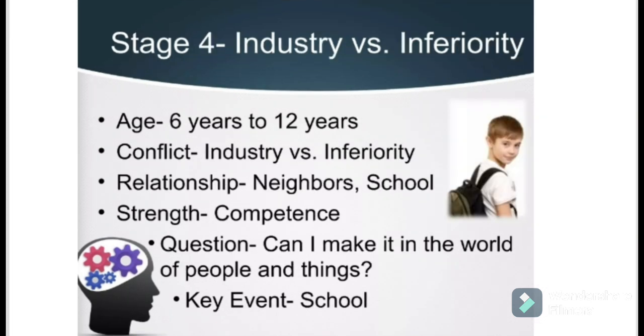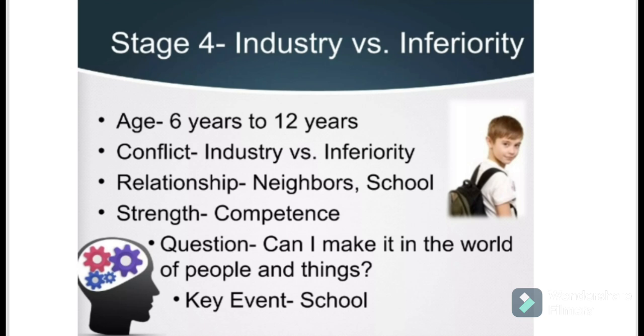The fourth stage is industry versus inferiority, and the age group is from 6 years to 12 years. In this, a child builds relationships with neighbors, school, parents, peers, siblings, other family members, and teachers, all together.